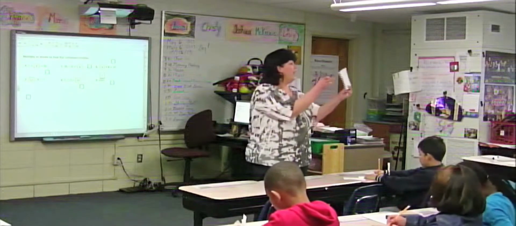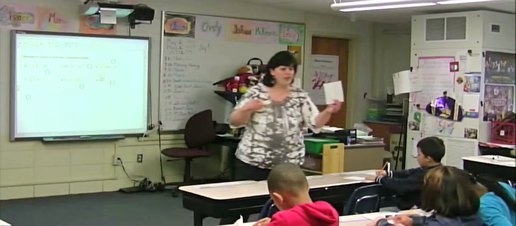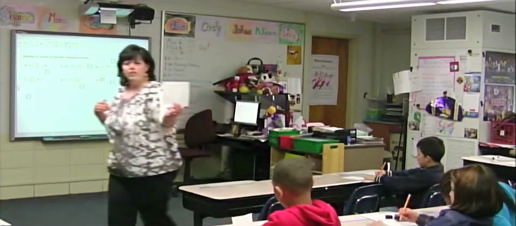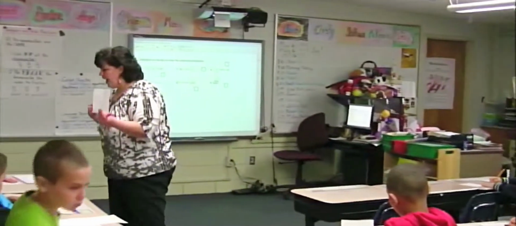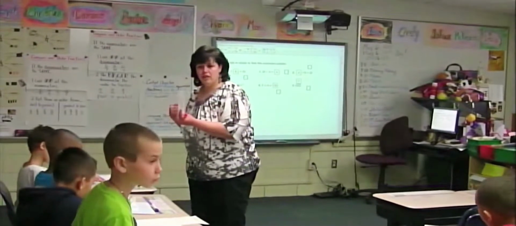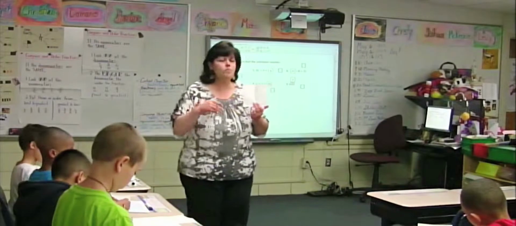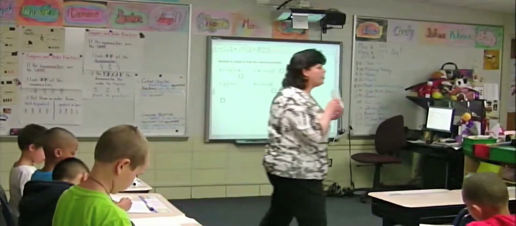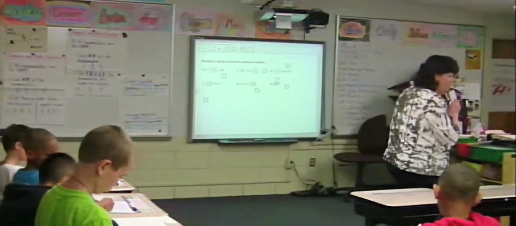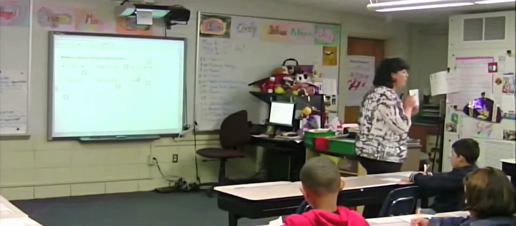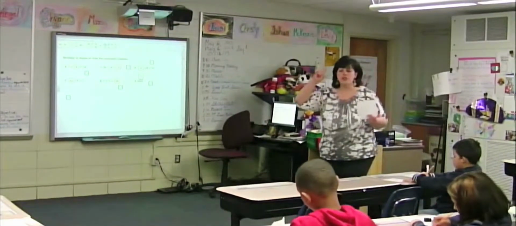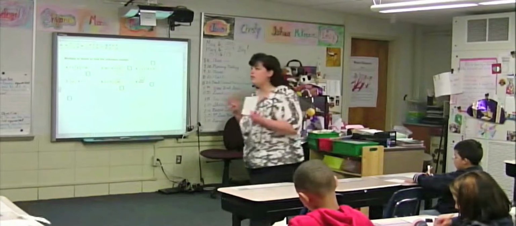Like mine, I don't have solid, but I have enough that you can see that I am talking about 1/2. And then remember, on your board, you want to start with that unit fraction, 1/2. Remember, the unit fraction means the numerator is 1. Doesn't matter what the denominator is.